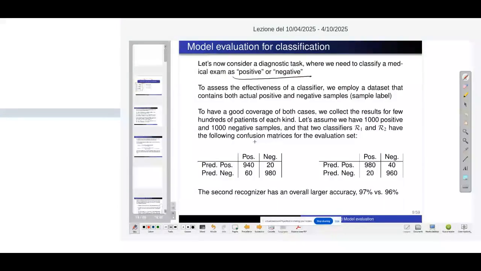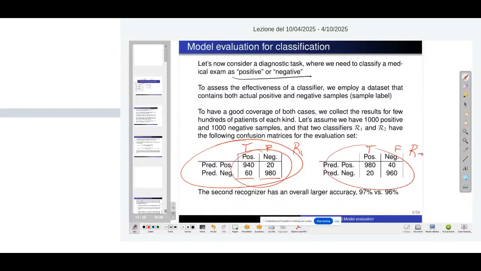Imagine that we have a data set with 1,000 negative and 1,000 positive samples, so true class and false class. And I have two classifiers, R1 and R2, that I run on this evaluation set. I'm using this evaluation set to decide whether, in practice, I should use R1 for my patients or R2.